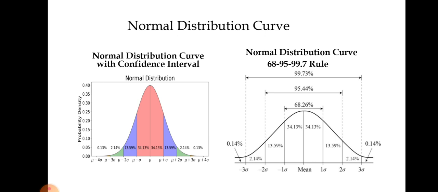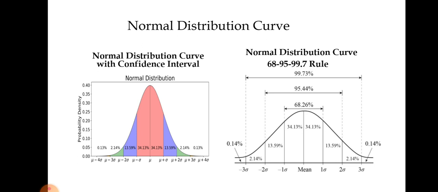On the right side of the diagram that is not colored, in the middle there is a mean. On the right side the values are 34.13%, then 13.59%, 2.14%. Similar values are on the left side. It indicates that the data is equally distributed on both sides, left side as well as right side.